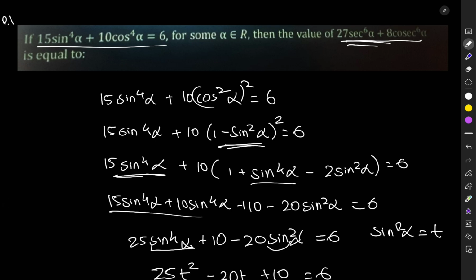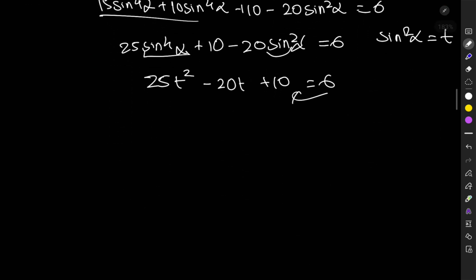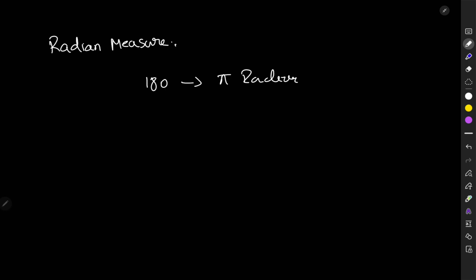Now let's see some concepts. Radian measure. So radian measure, you would have already known that 180 degrees is equal to pi radians, right? So similar to that, by the unitary method I can write 90 degrees is equal to pi by 2 radians.